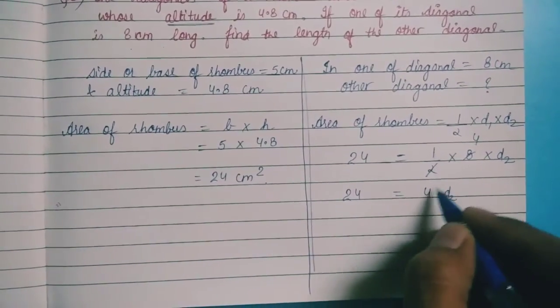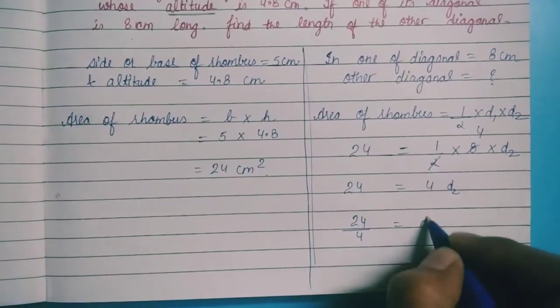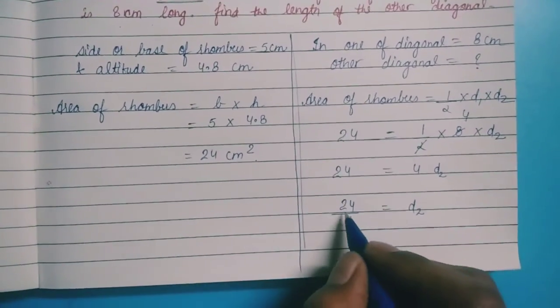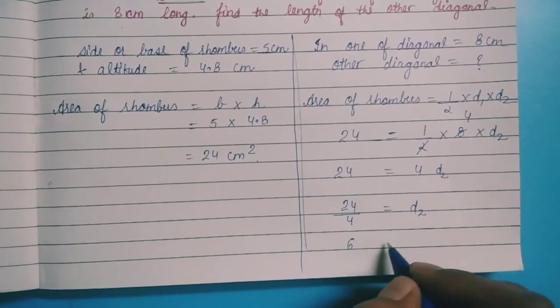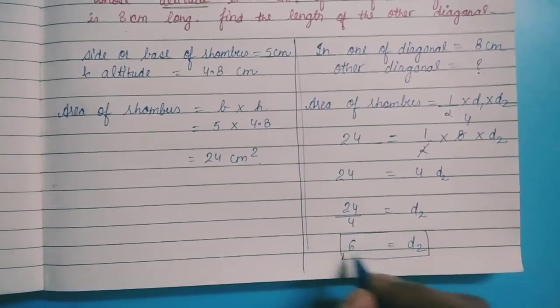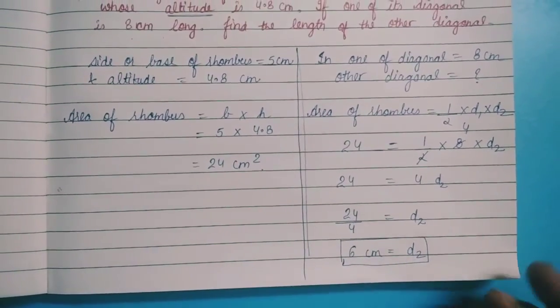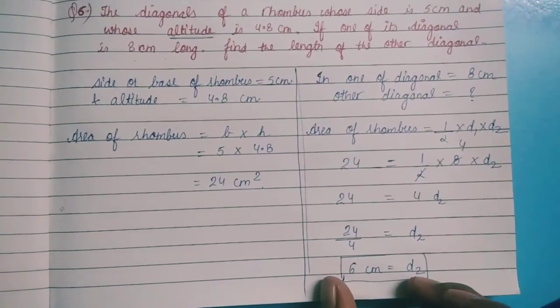This multiplicative 4 will divide 24 by 4, and when we divide 24 by 4 it gives us 6, which is the value of d2 in centimeter. It means the other diagonal will be 6 centimeter.